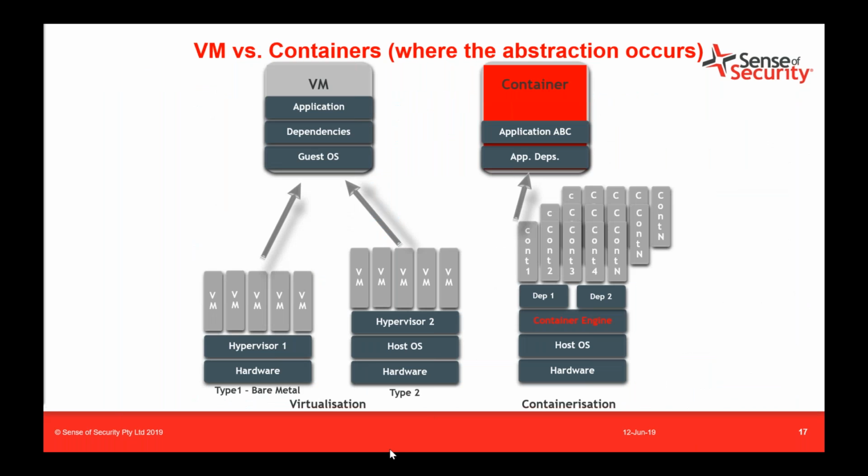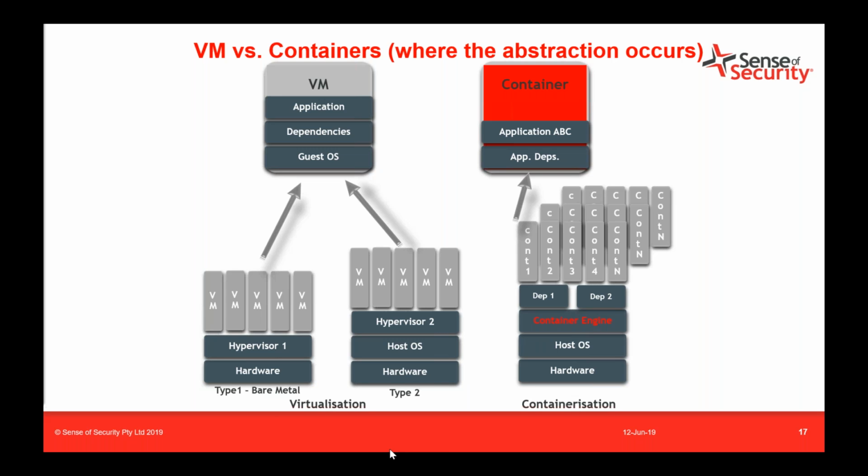Now, to understand where the security is actually applied in a container and how an attacker might attempt to bypass that security, we've got to understand a little bit about the theory and the technical implementation of container technology today. Containerization is a form of virtualization and abstraction. The key difference between traditional virtual machines and modern containers is the point at which the abstraction occurs.